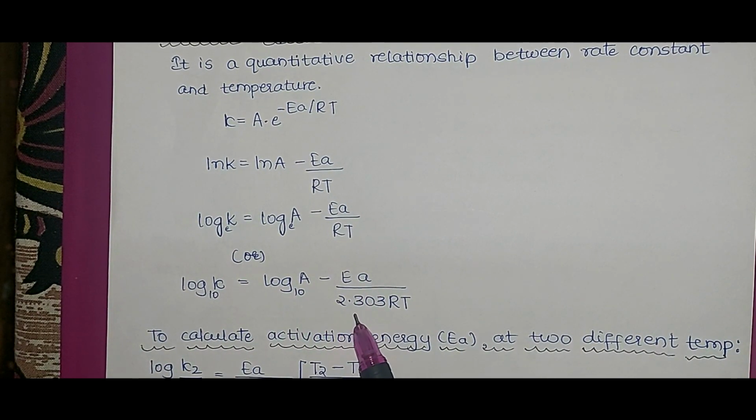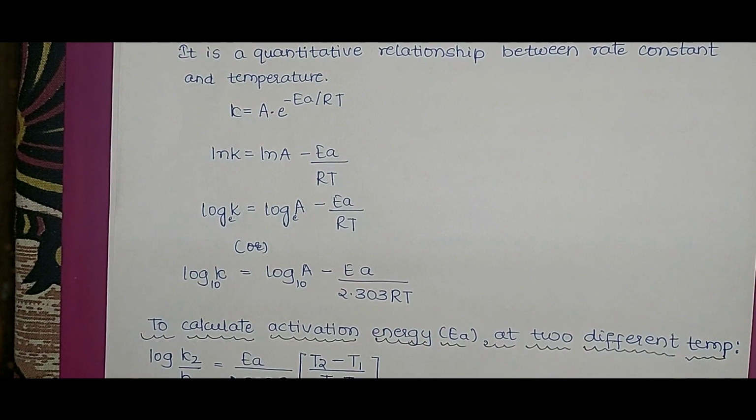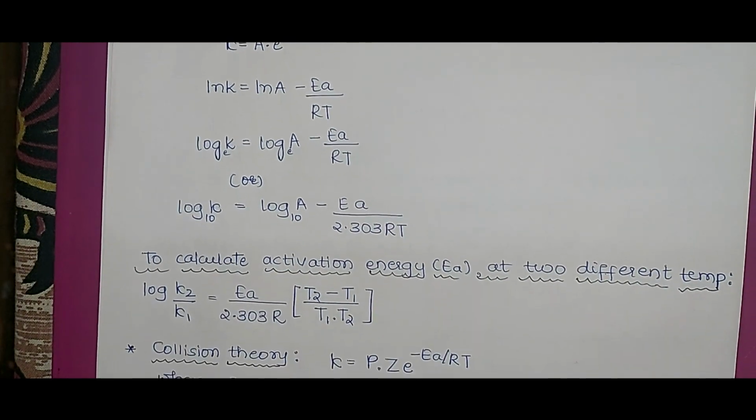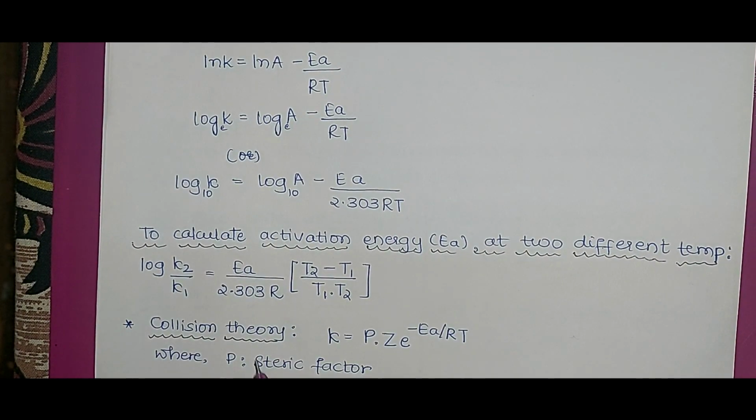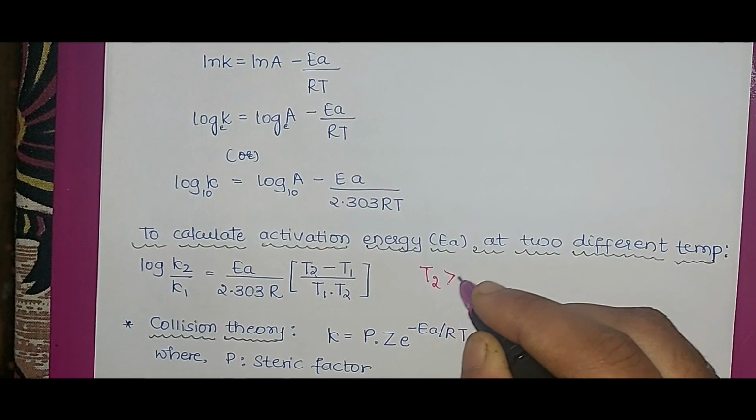So these are the equations which we can use to calculate the activation energy. And to calculate activation energy at two different temperatures, the equation used is log(k2/k1) = Ea/(2.303 R) × (T2 - T1)/(T1 T2), where always remember T2 is greater than T1.